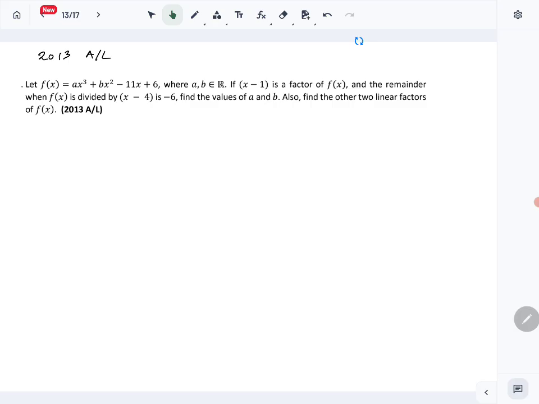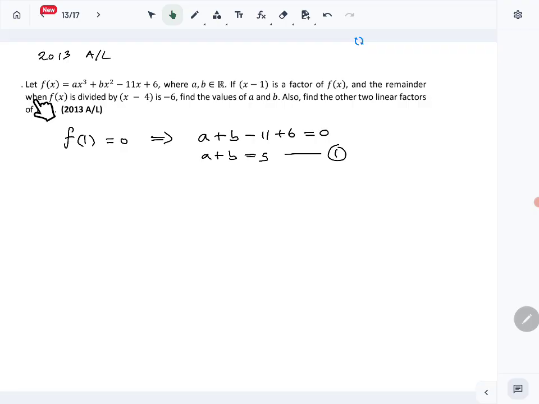Okay. So just a simple application of the factor theorem and remainder theorem. We are given f of 1 is 0, and using that we can create one equation. So you get a plus b minus 11 plus 6 equal to 0, or a plus b equal to 5.